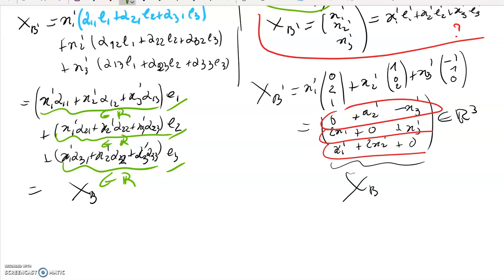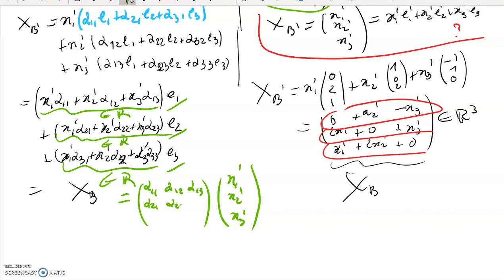And the beauty of that is, what do we have? This xb corresponds to a linear combination of x1 prime, x2 prime, x3 prime. We have the matrix alpha 1 1, alpha 1 2, alpha 1 3, alpha 2 1, alpha 2 2, alpha 2 3, alpha 3 1, alpha 3 2, alpha 3 3.